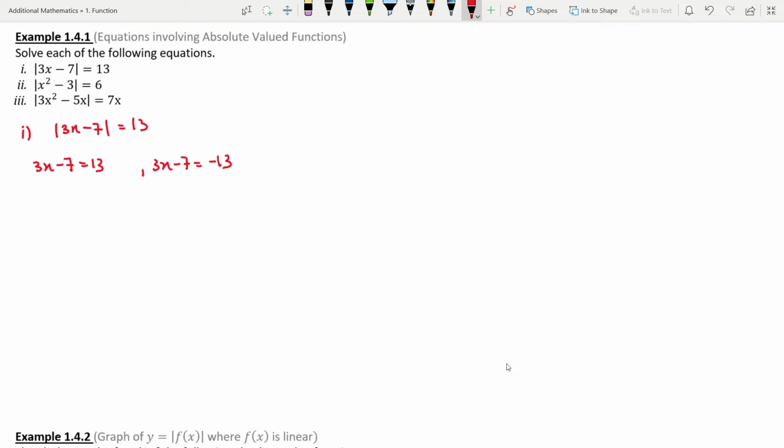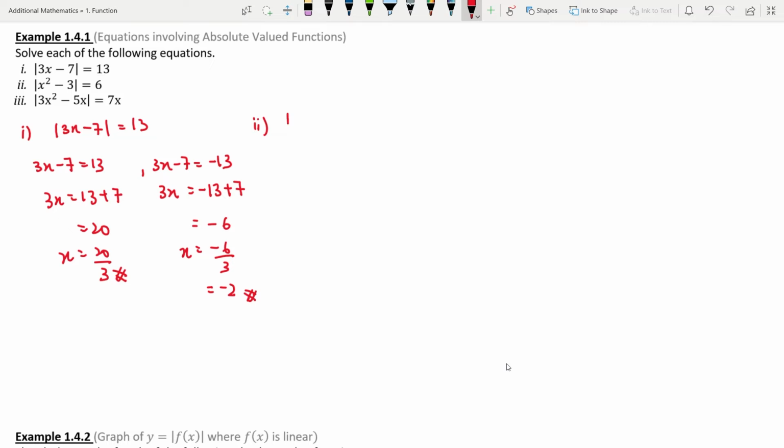For the first one, 3x is equal to 13 plus 7, which is 20, and x will be 20 over 3. For the second one, we have 3x is equal to negative 13 plus 7, which is negative 6. x will be negative 6 divided by 3, which is negative 2.